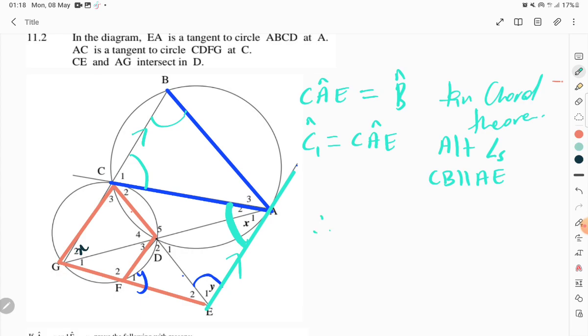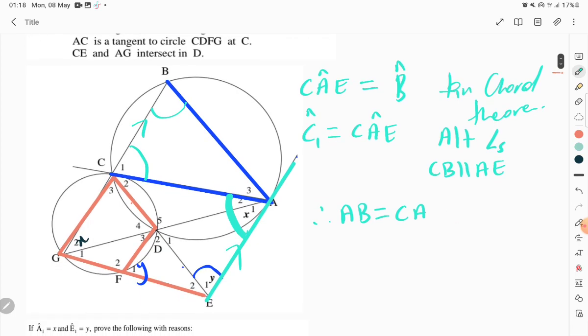So therefore AB is now equal to CA, and the reason is that equal angles must face equal sides.